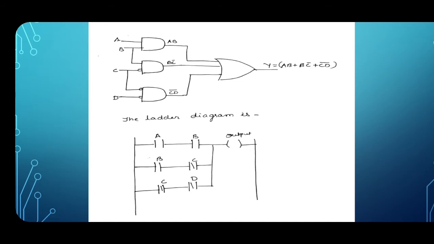So this expression I have represented by using 3 input gate. These gates are represented by the ladder diagram, and the ladder diagram represents the Boolean expression. So we can draw it. This question is again asked for 5 marks.